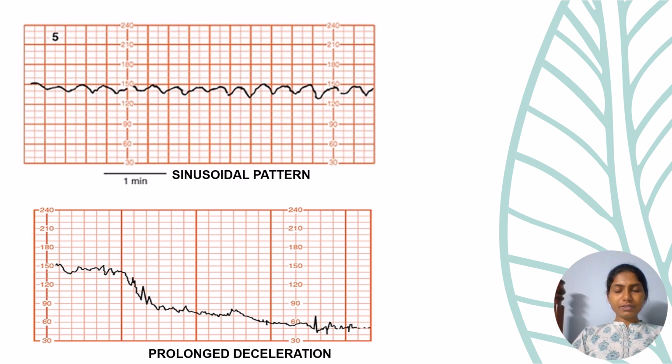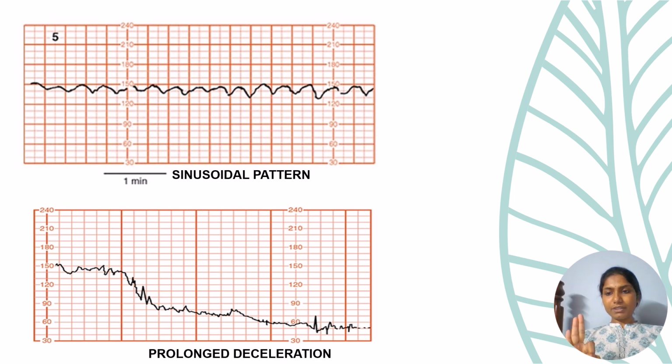And the next important picture is prolonged deceleration. If the deceleration is lasting for more than 3 minutes, it is called prolonged deceleration. We have to definitely rule out some acute events. What are the events we have to rule out? One is uterine rupture. The second one is abruptio placenta.